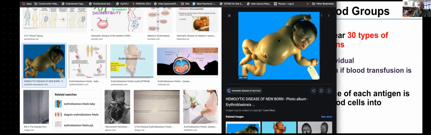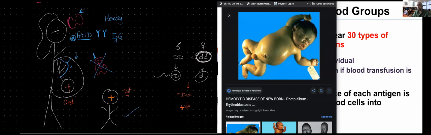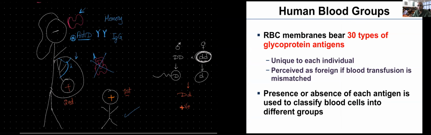So how can we avoid such a thing from happening? How can I avoid this? Somebody was saying something about the RhoGram shot earlier. So what is a RhoGram shot? Each Rh negative woman will be given it late in her pregnancy and during labor.